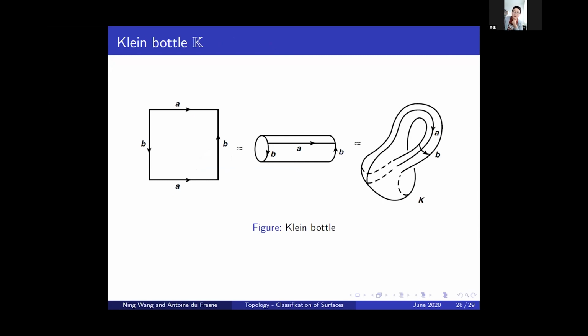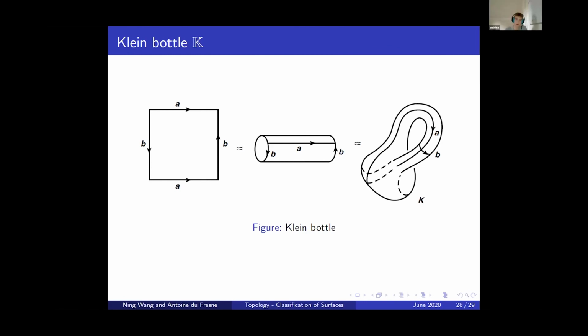That doesn't mean that it will be immersed, it just indicates how we can represent it. So the Klein bottle is homeomorphic to the twofold projective plane, and not this.